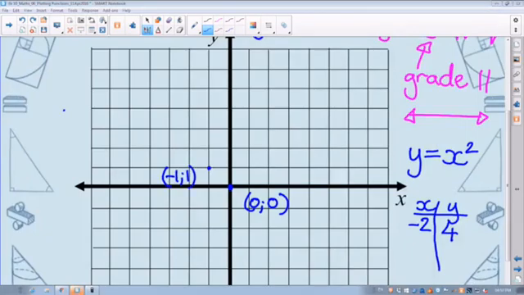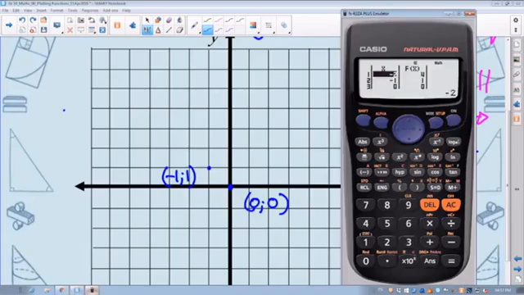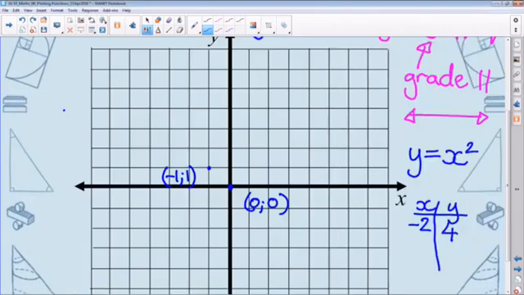And then I've got negative 2 and 4. So negative 2 and 4. 1, 2, 3, 4. There we go. Negative 2 and 4. But what's happening on the other side?